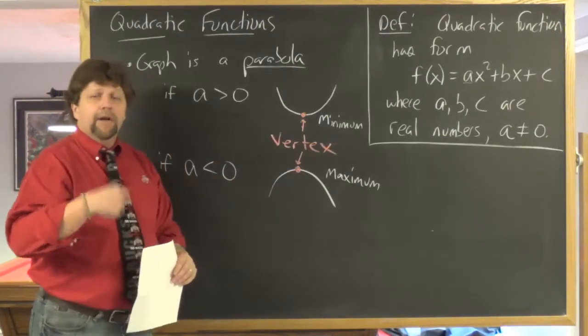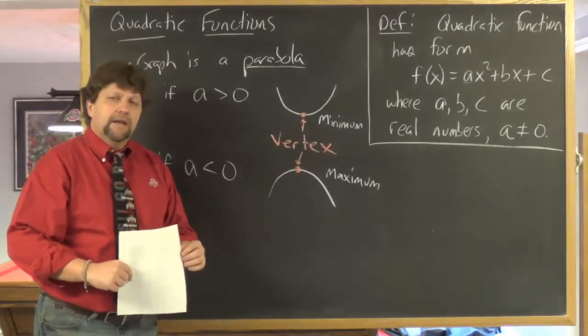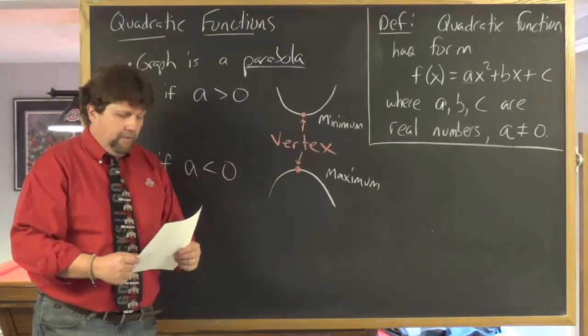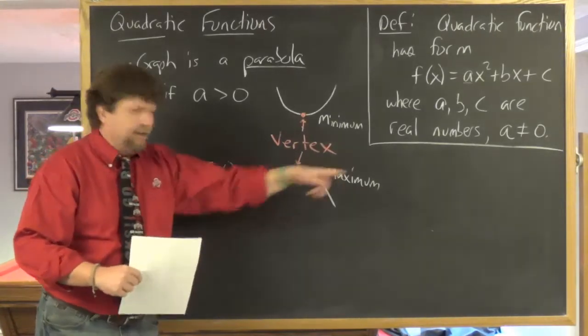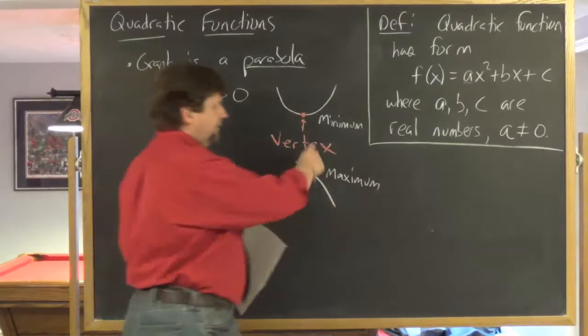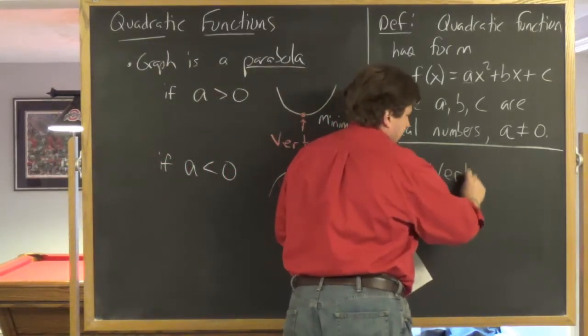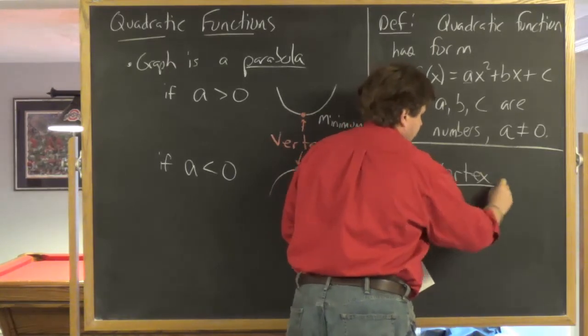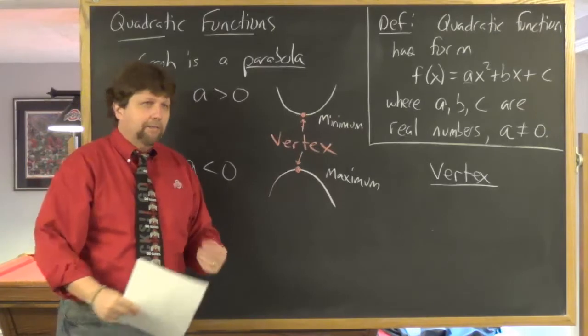What I'm gonna write down next is how do we locate this vertex? It's a really important point on a parabola. It's probably the most important point on a parabola.